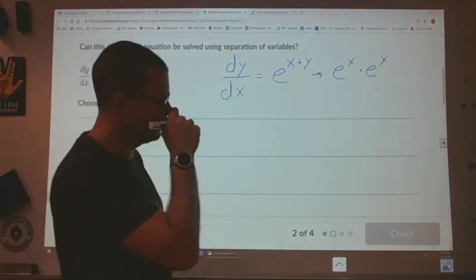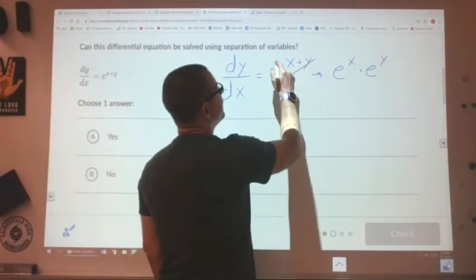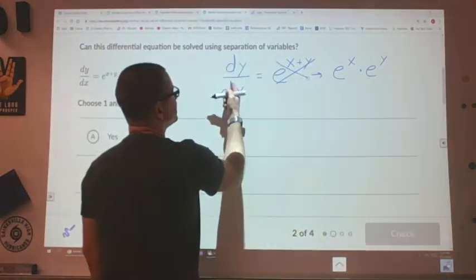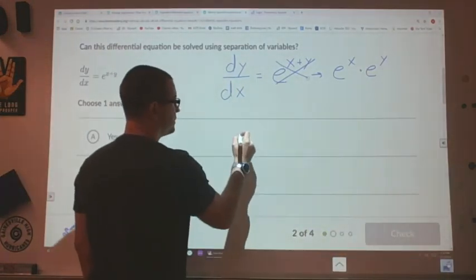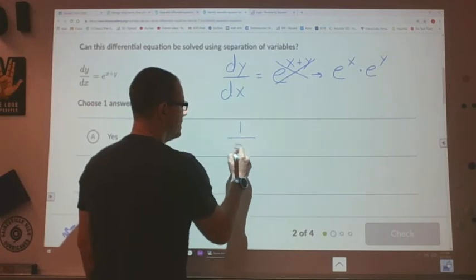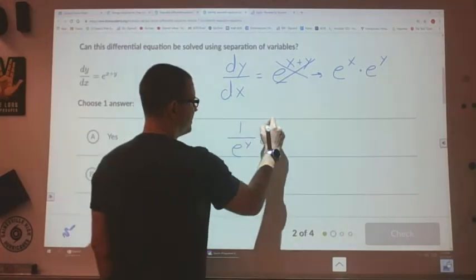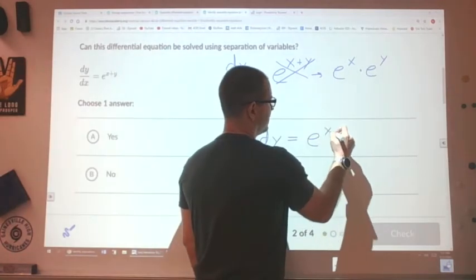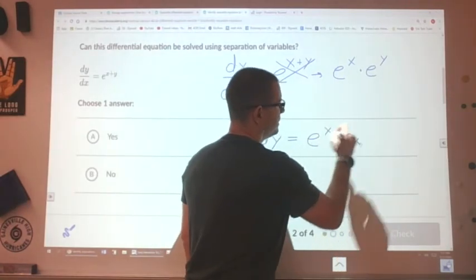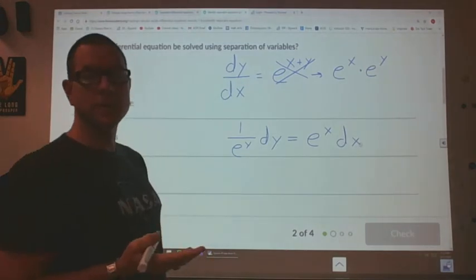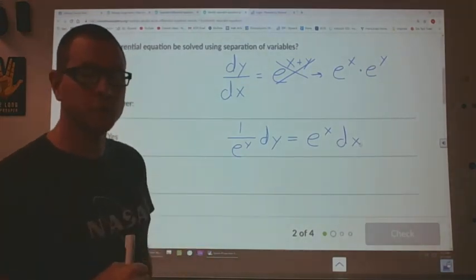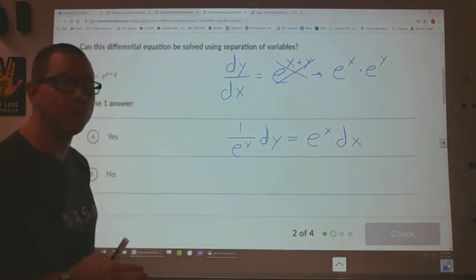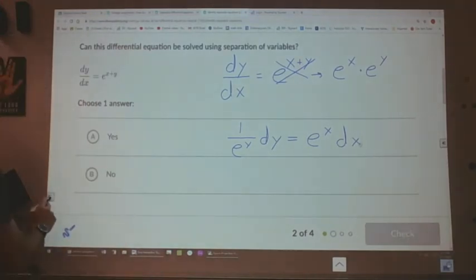And if that's the case, then I can divide this over and multiply. So what I end up with is 1 over e to the y dy is equal to e to the x dx. So yeah, we can solve this by separating the variables because it is possible to separate the variables.